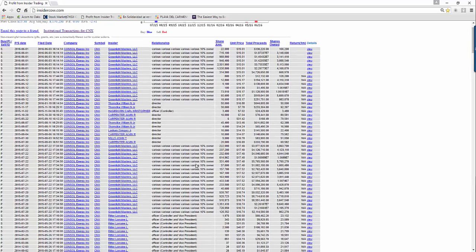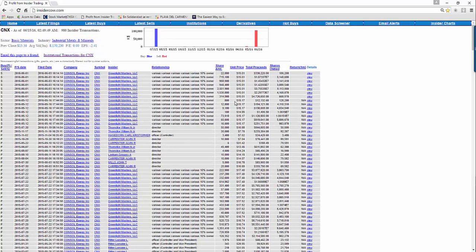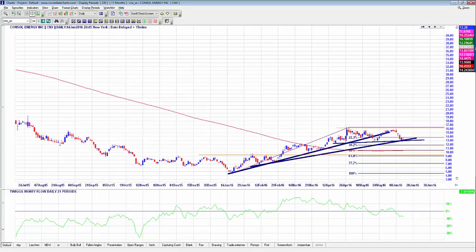Who was that from? Greenlight Masters. So they loaded up on all this stock at 17.40 and 16.74 and are now getting out at a loss of roughly 20%. So they're willing to take that cut as the stock is in rally.